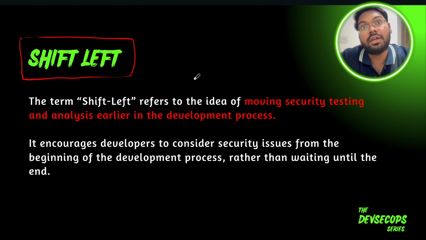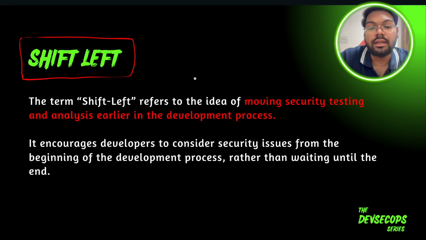Once the application is deployed, if some attackers attack the application, then only we are concerned about security, like, oh, my application is getting attacked, how do I secure my data or the user's data and prevent the attacker from stealing some sensitive information. So this is what we think in the very end of our SDLC.